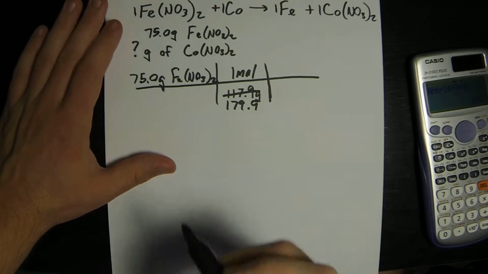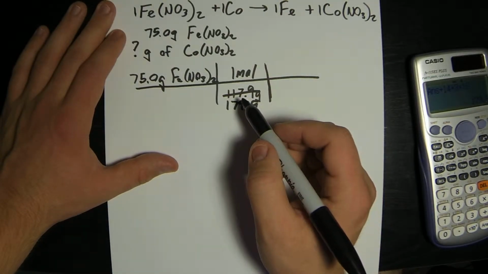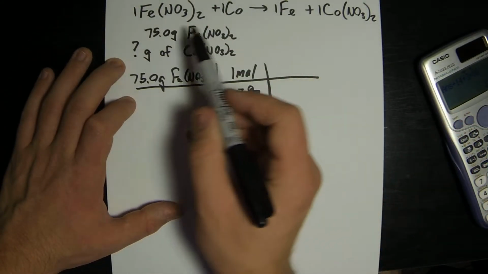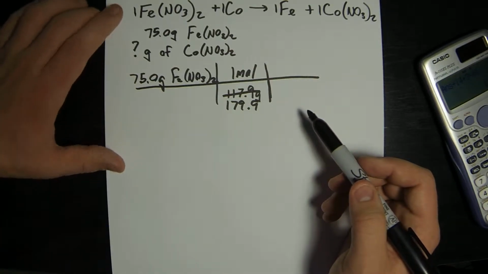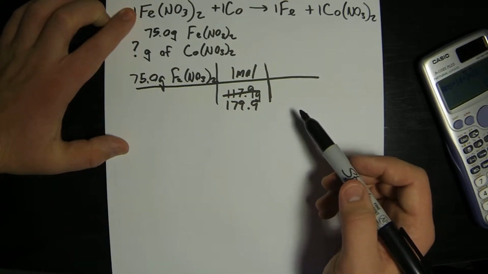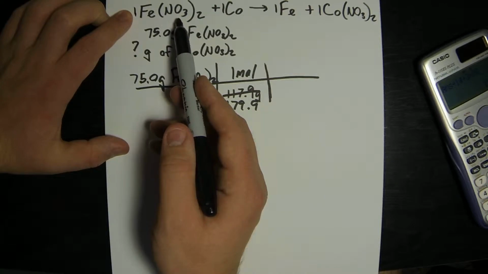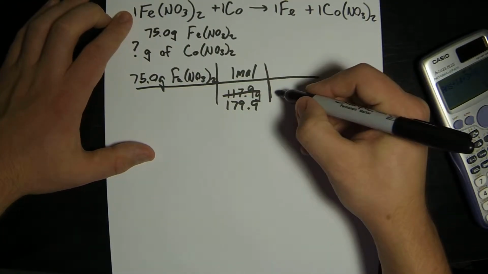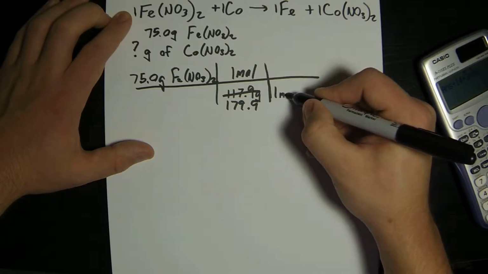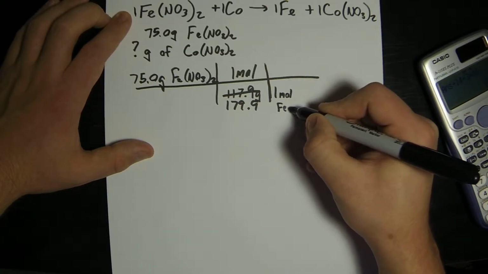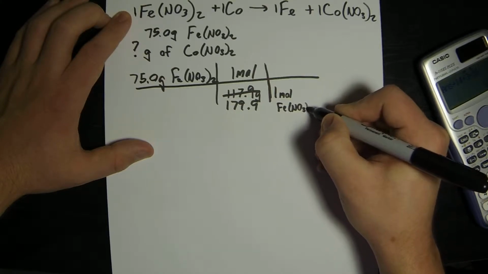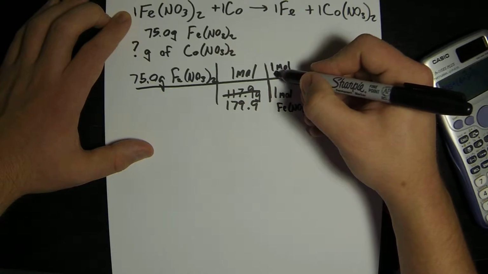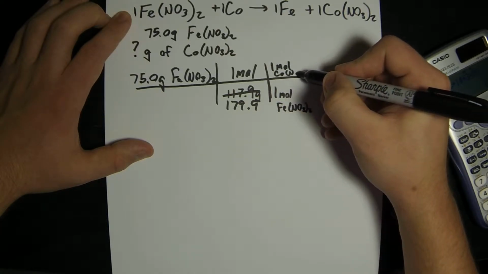So now that we're in moles, now we can use these mole-to-mole ratios. Now we know that for every 1 mole of iron nitrate we use or have, we get 1 mole of cobalt nitrate out, and that's where we'll put that. 1 mole of iron nitrate, and we'll get 1 mole of cobalt nitrate.